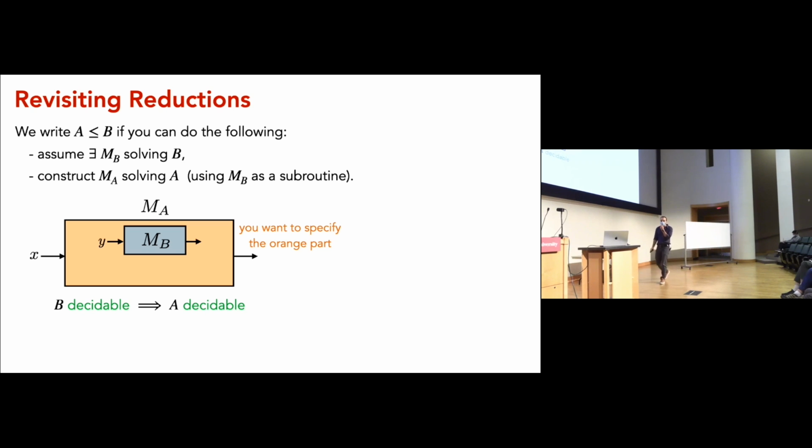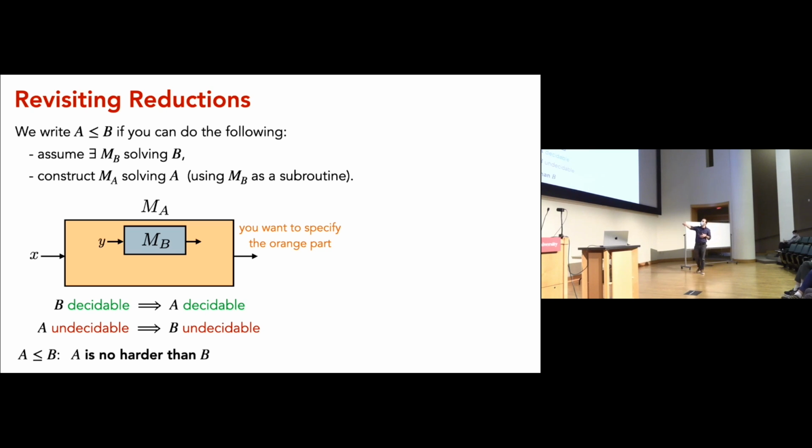And now what we did with the examples is that we use the contrapositive of this. We show that this is equivalent to saying if A is undecidable, then B is undecidable. So you can use reductions to expand the landscape of decidable languages, but you can also use reductions to expand the landscape of undecidable languages once you have one in your pocket already.